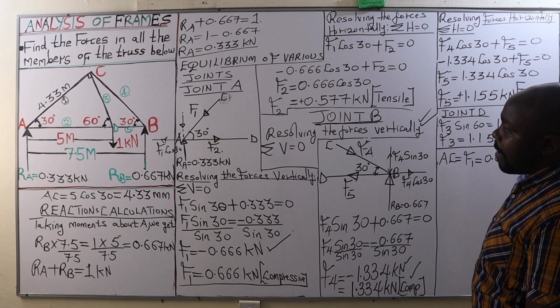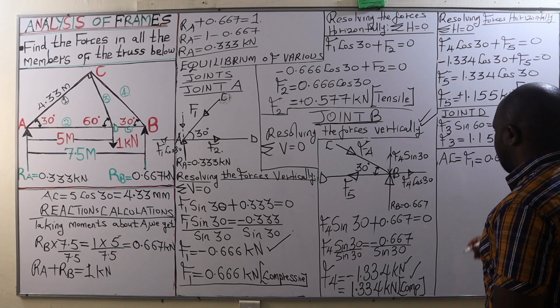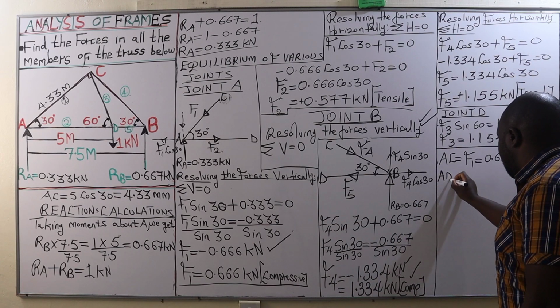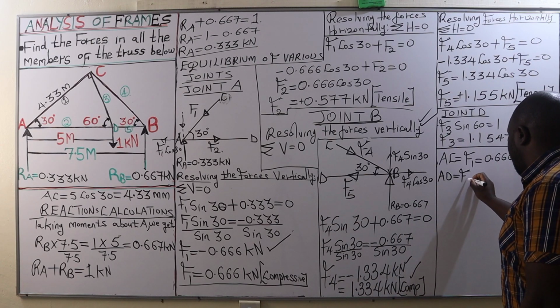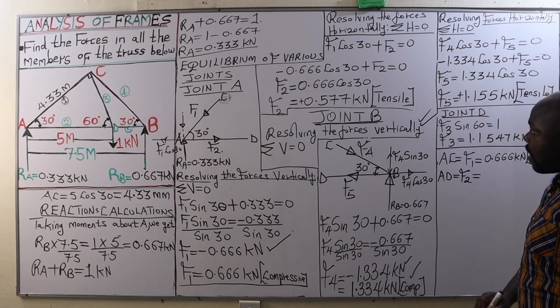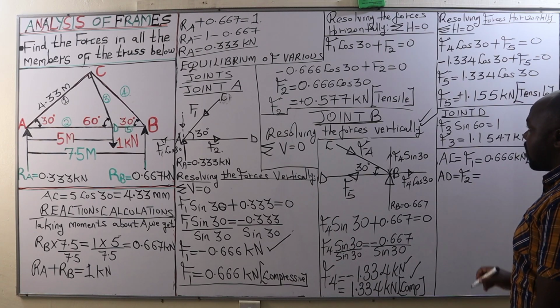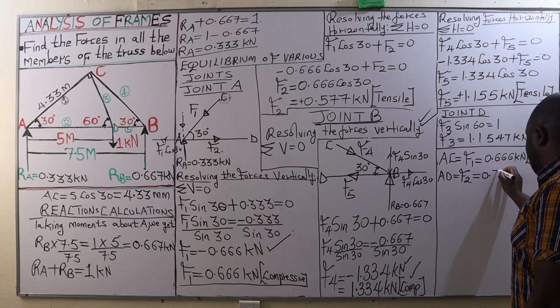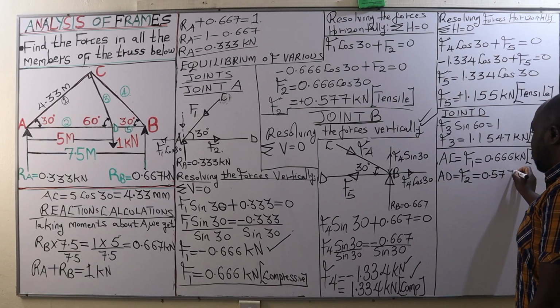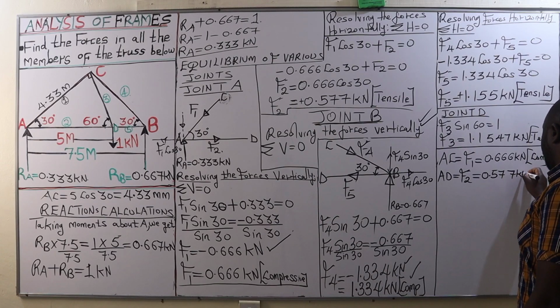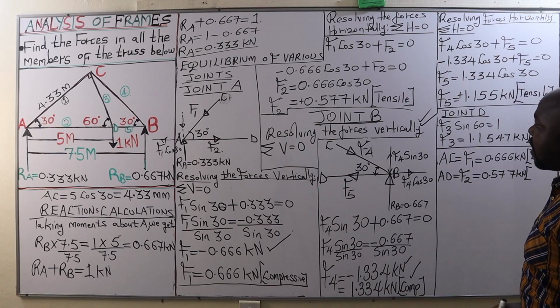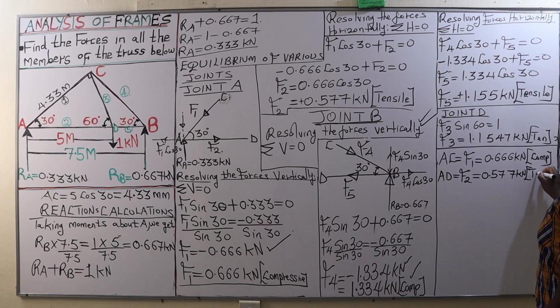On member AD, we got a force F2 whose value is 0.577 kilonewtons, and in this case a tensile force, positive.